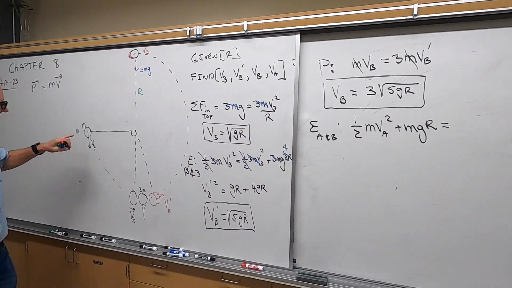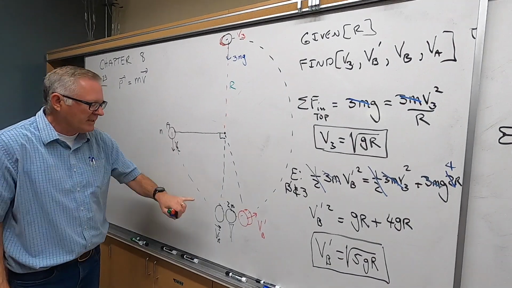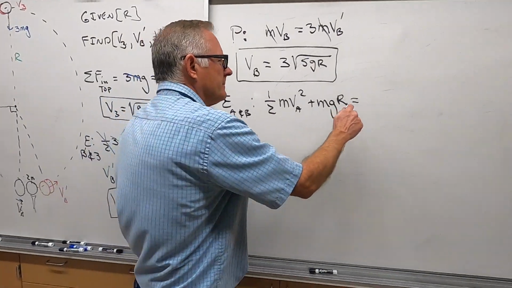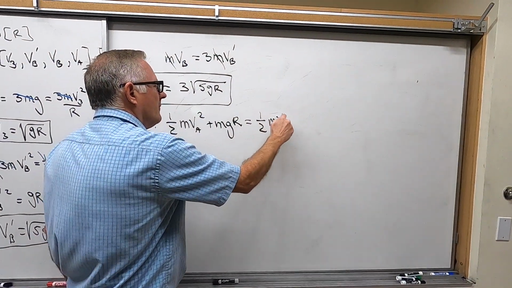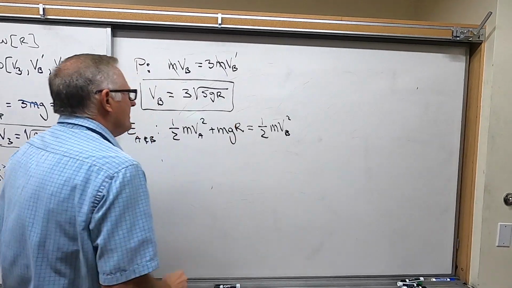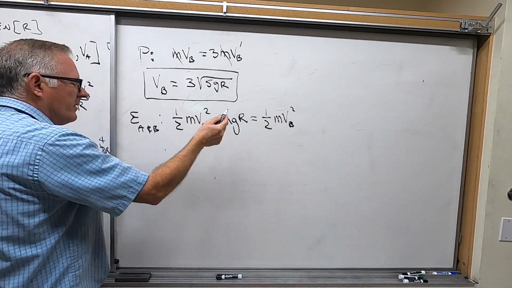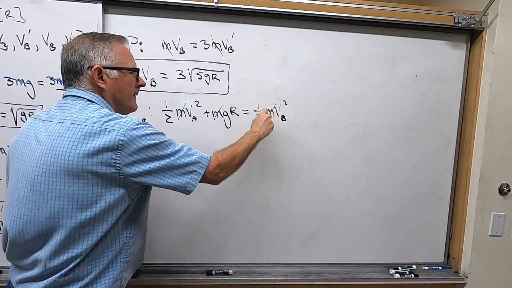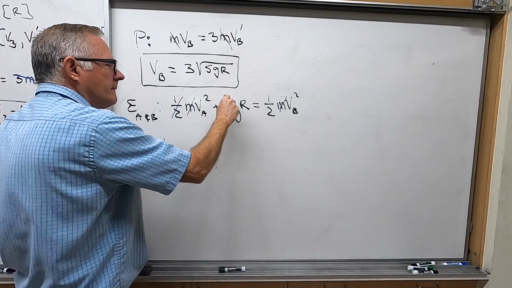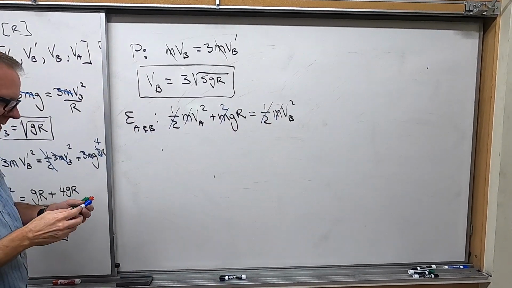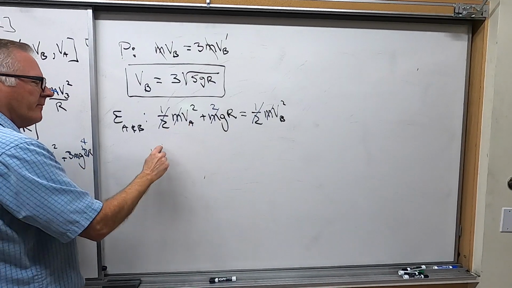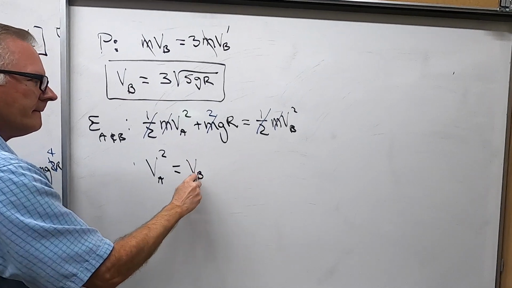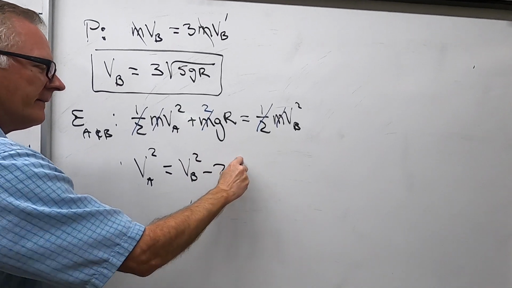So now we said the energy here, which is the kinetic plus the potential. Down here, you just have kinetic, 1/2 mVB squared. We can get rid of all the m's again and multiply by 2. And we want to solve for VA, so VA squared is equal to VB squared minus 2GR.